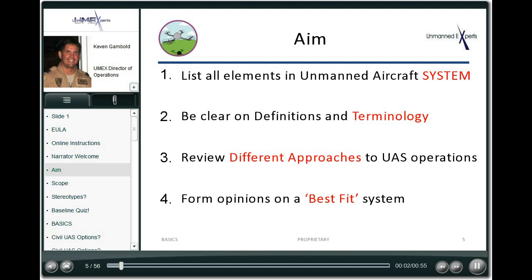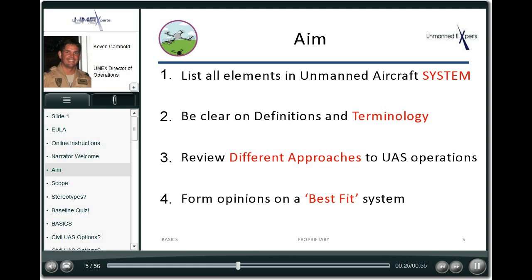The UAS Basics module's goal is to make sure we're all singing off the same song sheet for the rest of the course, so we will all understand the various terms and definitions. There are an incredible number of three-letter abbreviations out there. So we'll start by looking at what makes up an unmanned aircraft system as opposed to just an aircraft.